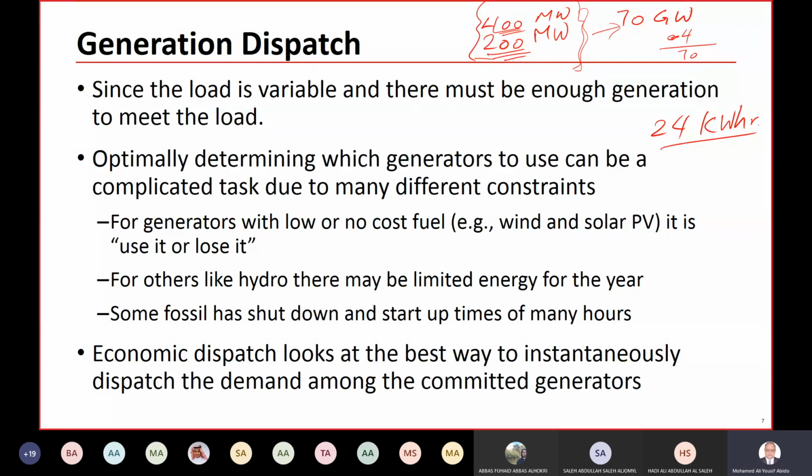Energy storage systems generally have pros and cons for each one.